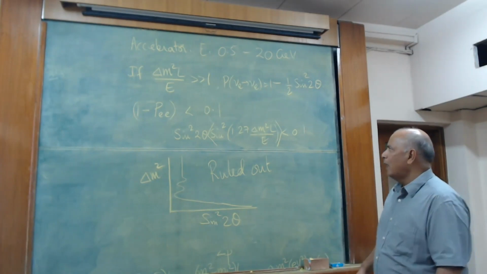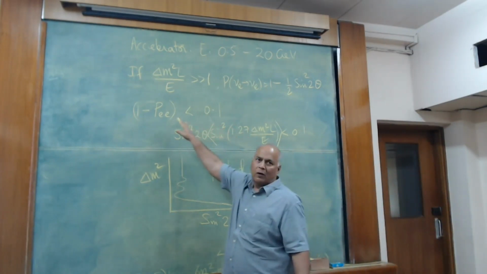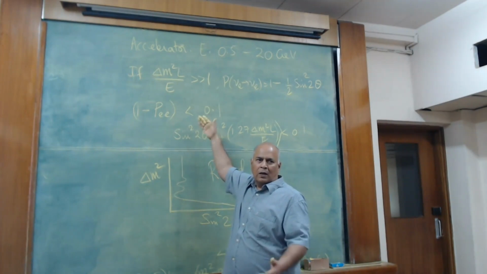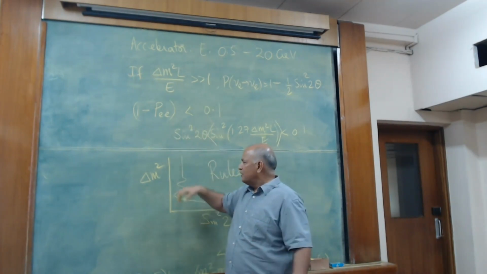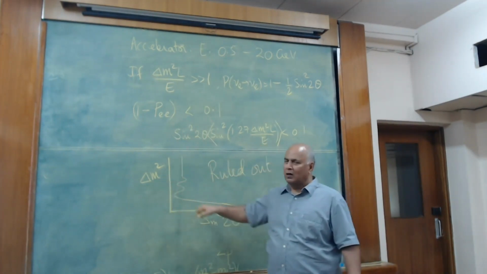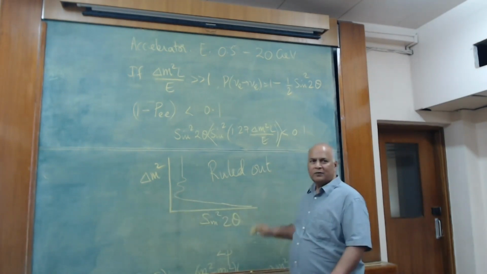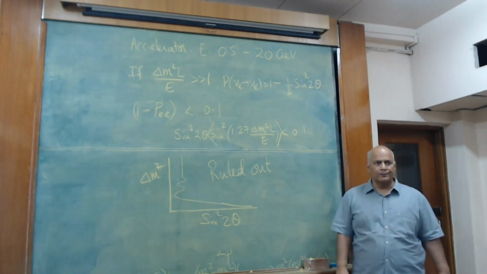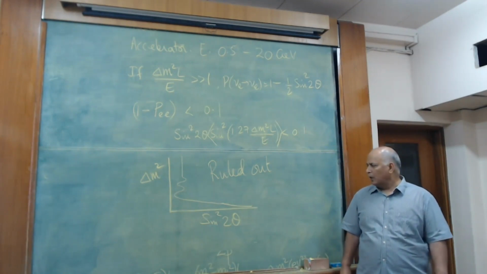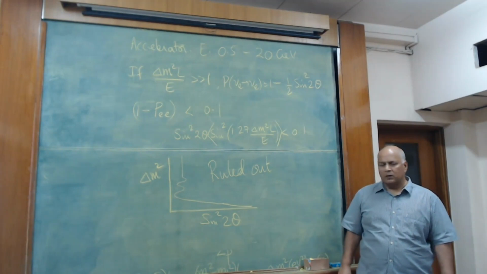So they set an upper limit on the deficit of this form, and that upper limit on the deficit translates into limits on delta m squared and sine squared 2 theta of this form. Okay, I will stop now.